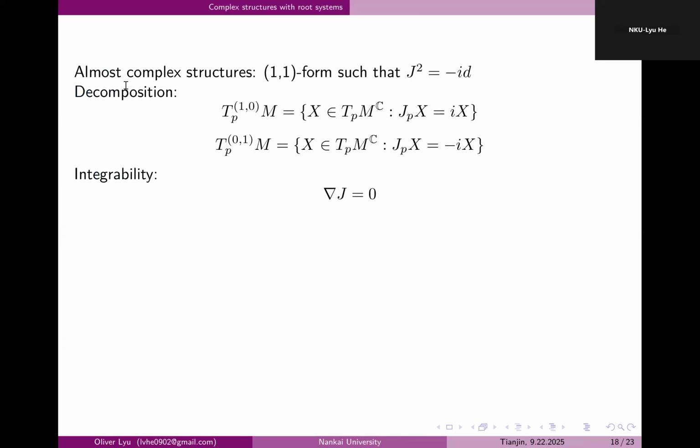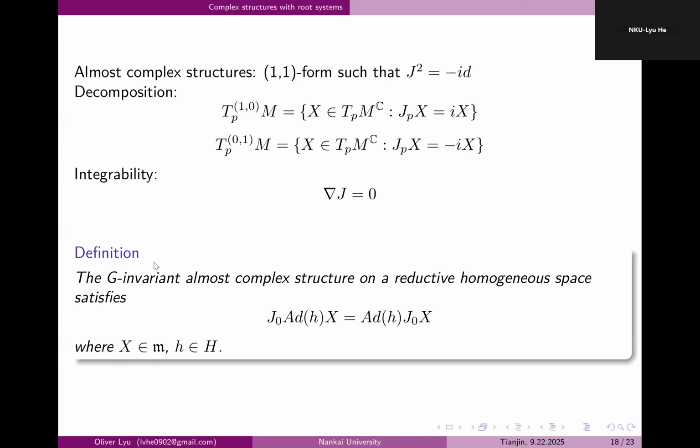Okay, let's go to the almost complex structures. As we already know, it is a (1,1) tensor field J such that when it acts two times, it is minus identity. Then there is the decomposition in this way, and the integrability is just that the Levi-Civita connection of J is 0.